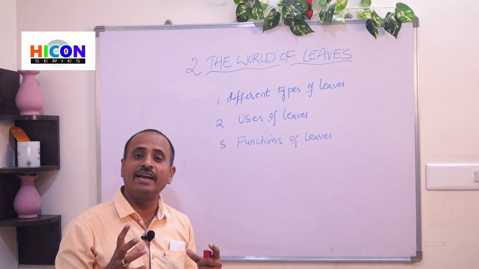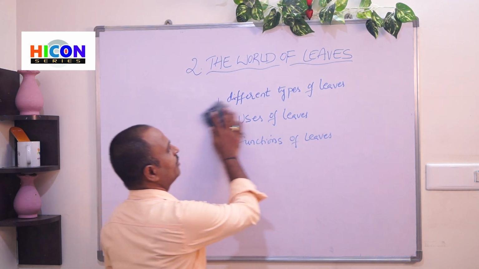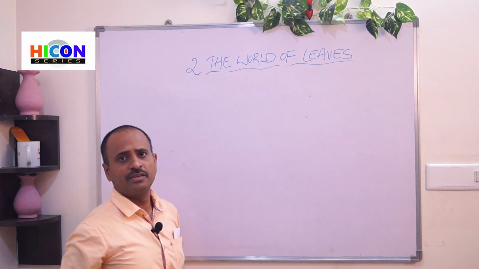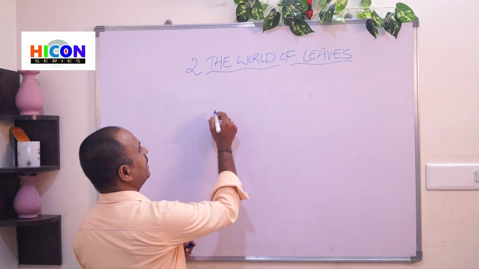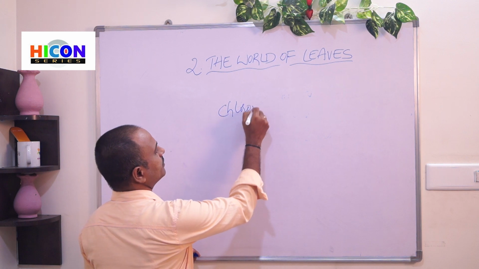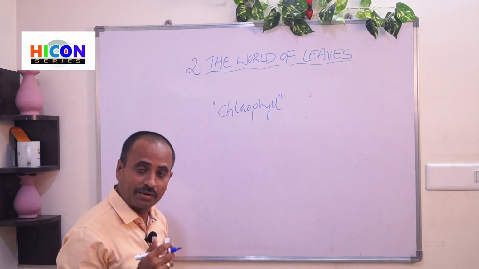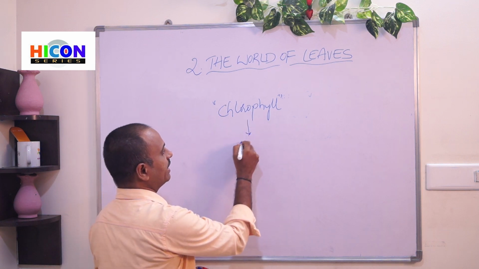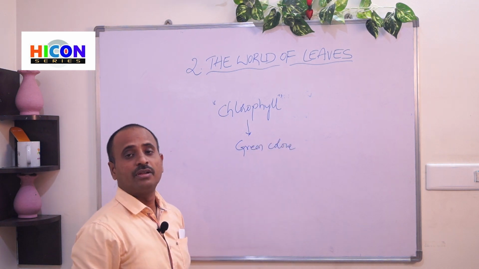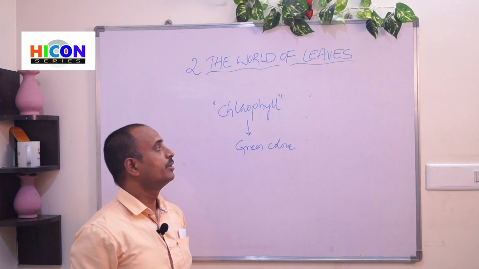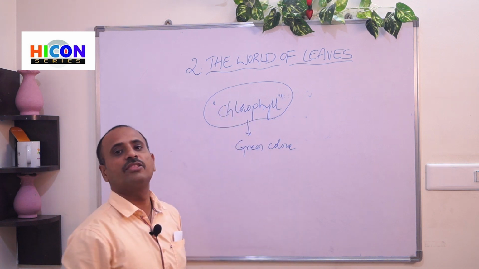Most of the plants have green leaves because the leaves have a green color pigment called chlorophyll. Because of this green color pigment chlorophyll, the leaves are green.